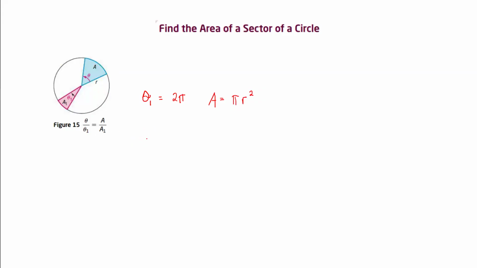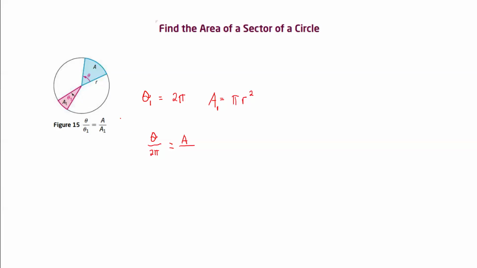We know a theta 1. So let's put some arbitrary theta, and we locked theta 1 to be 2 pi. And we know that that relates to the area above, that should be A1. A1 is the area of a circle, theta 1.